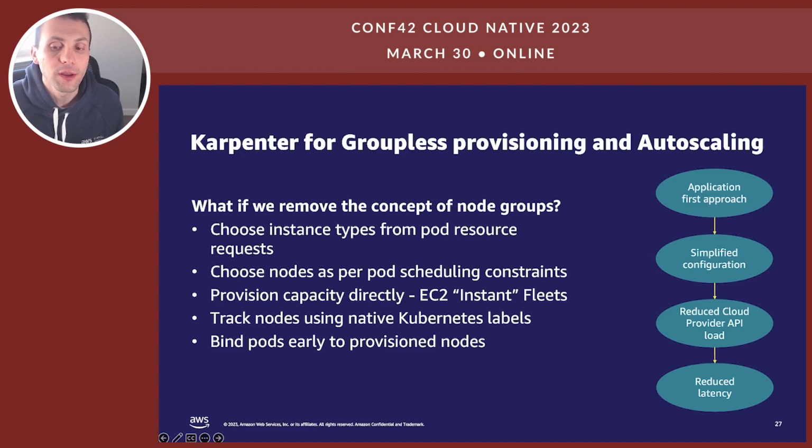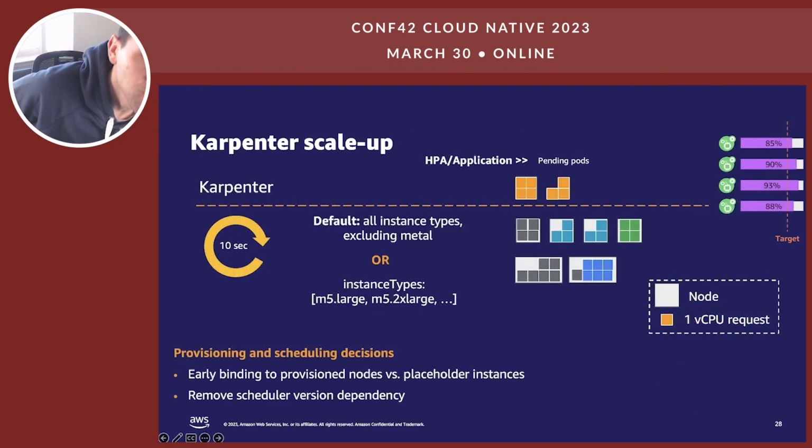It can start preparing the node immediately. It doesn't need to wait as the Cluster Autoscaler does, including the pre-pulling of the image, and this can actually shave seconds off per-node startup latency. So it's a very nice feature that helps Karpenter be more reliable and fast when doing those scaling activities. So let's just quickly look at how Karpenter can scale up.